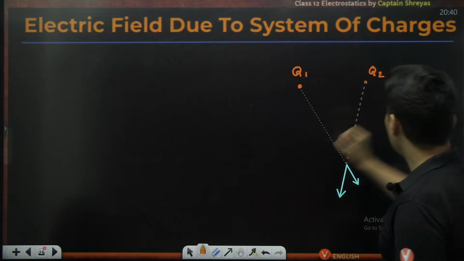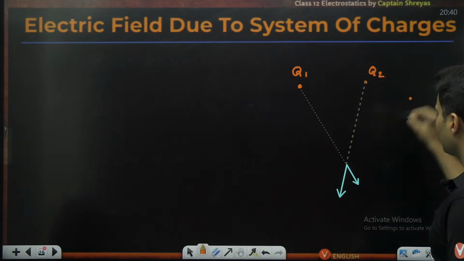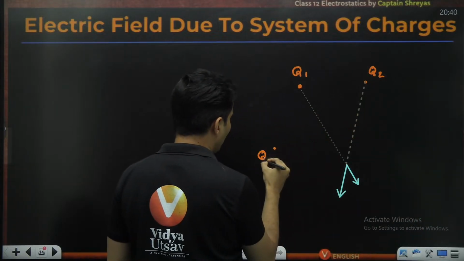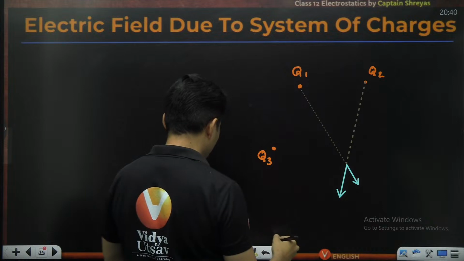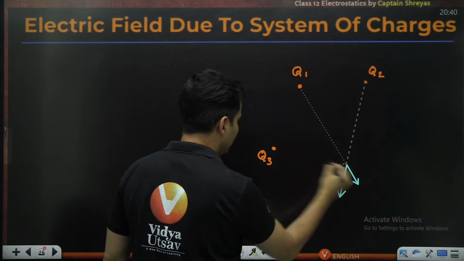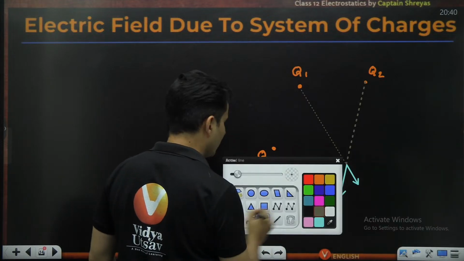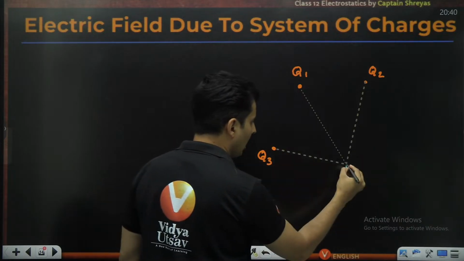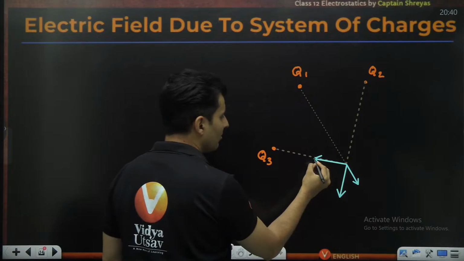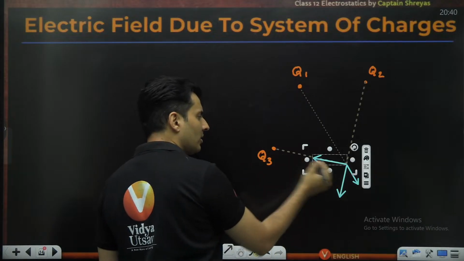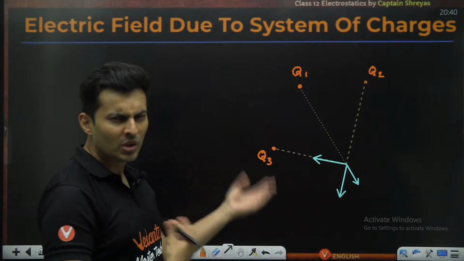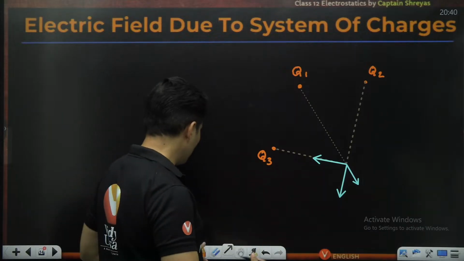Maybe there is another charge over here, let's say I call it Q3. This charge at this point might give another field maybe like this, because it can be a negative charge. So a negative charge will give a field like this, a positive charge will give a field in the other direction. So there are some charges, they are producing some fields.